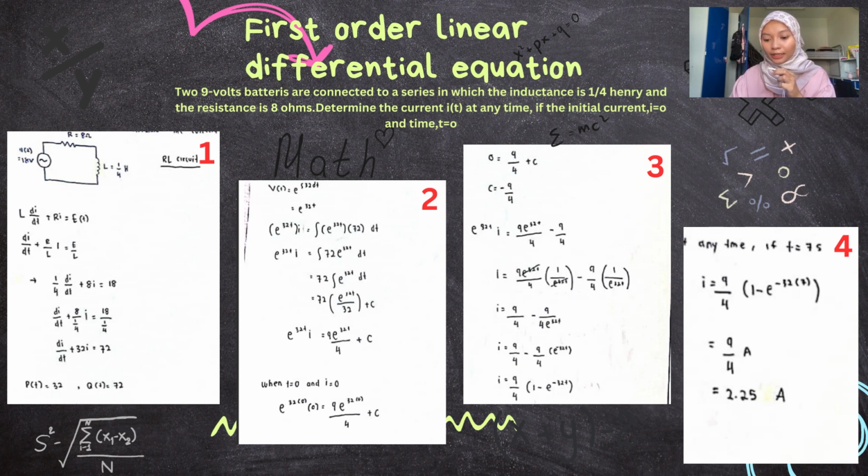At any time, if t equals 7 seconds, we substitute t in the equation, so we get the answer. The final answer of current is 2.25.